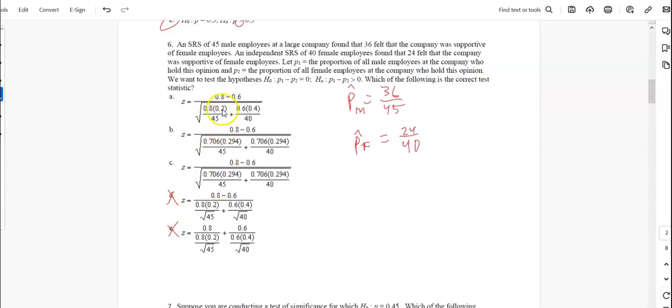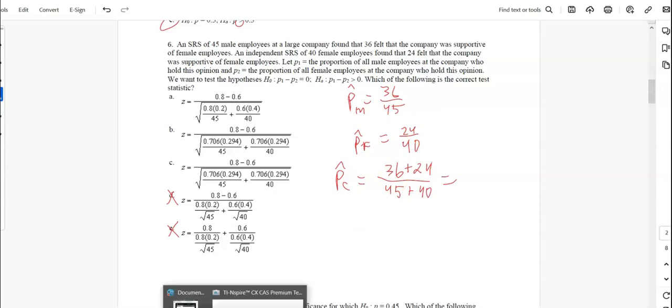Okay, so this looks like a 2-prop test. To get the values, we do use p hat pooled here. So the common value would be 36 plus 24 over 45 plus 40.